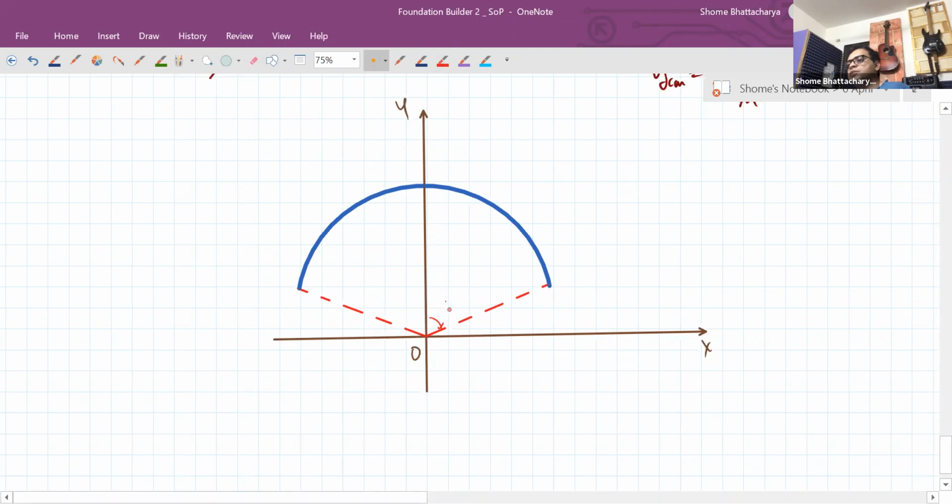So this angle is alpha by 2, and this angle is alpha by 2.